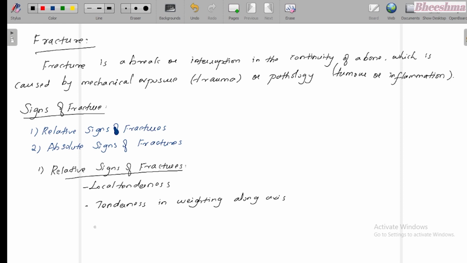And the next one is hematoma in the place of fracture. Next one, change of extremity length.